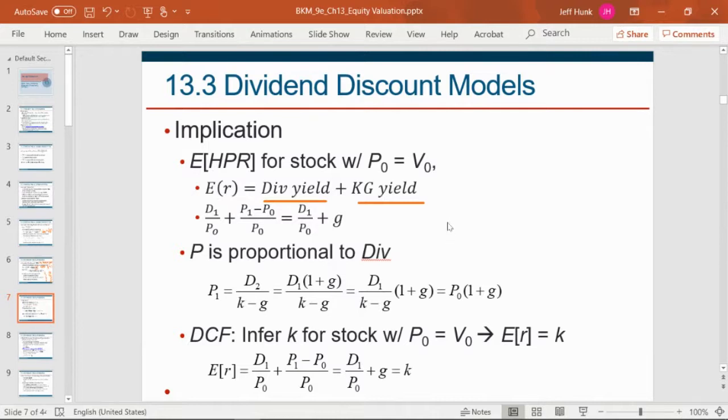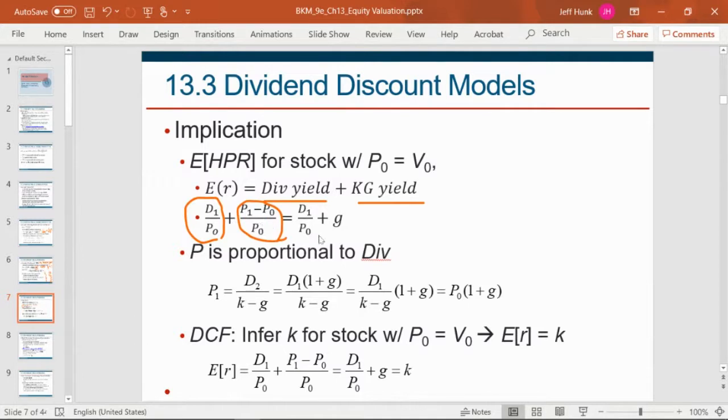Dividend yield is dividend over current market price. What is capital gains yield? Capital gains divided by current market price.